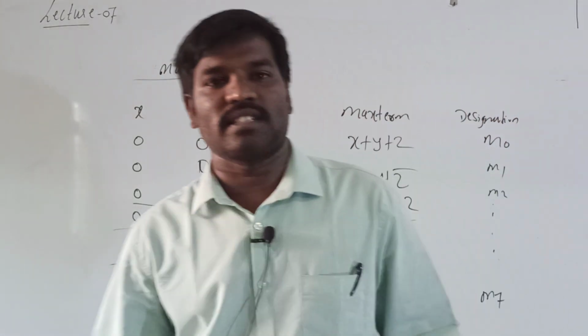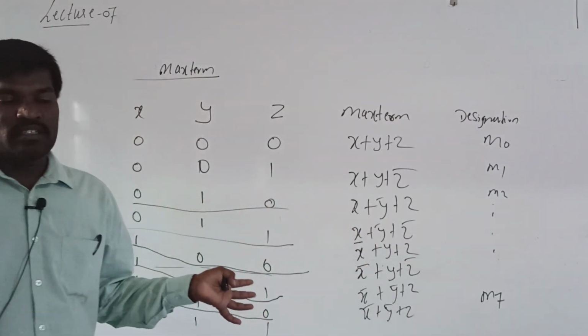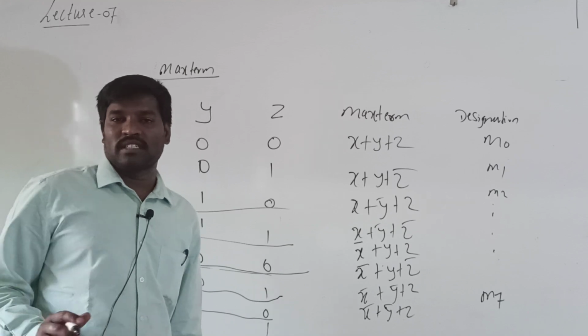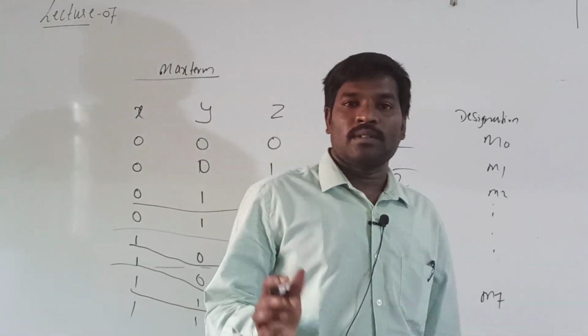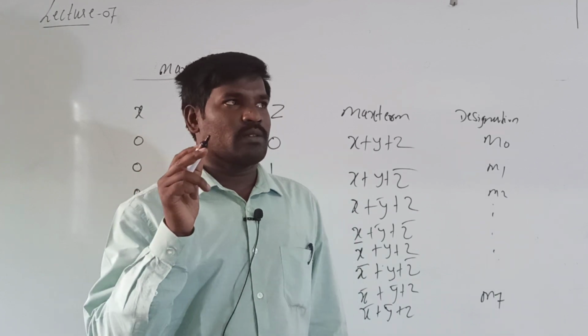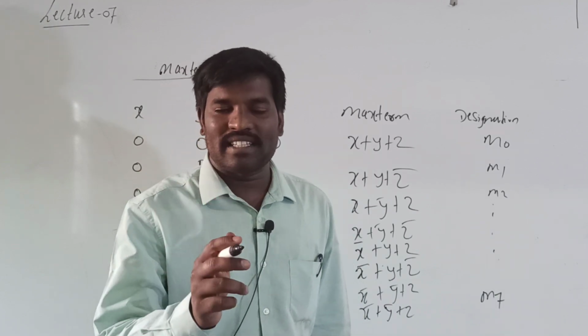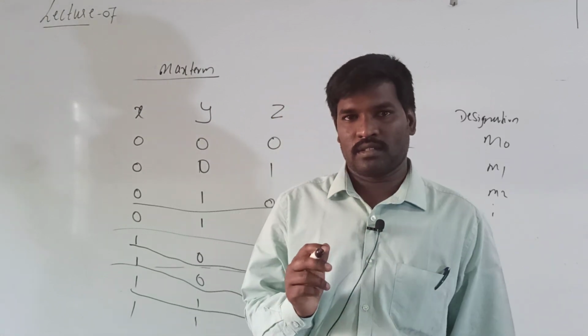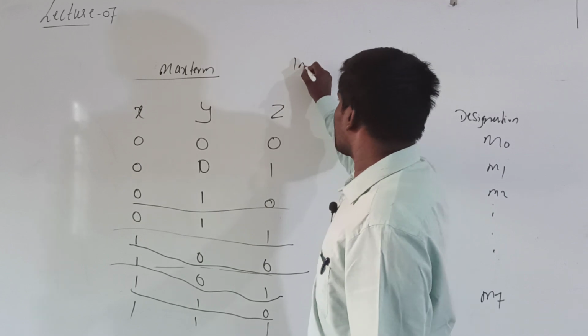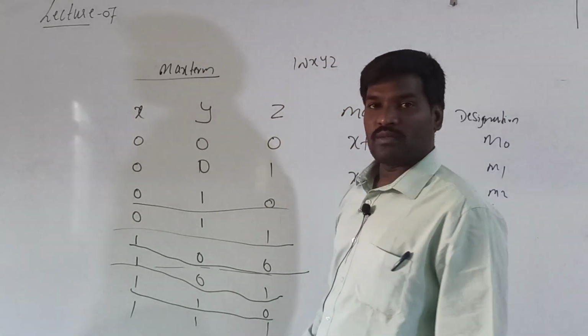Okay, so like this we have to write the min term and max term. And one more thing: I have written only for 2 variables and 3 variables. So now your task is to write the 4 variable min term and max term. See here, better you take w, x, y, z, 4 variables.